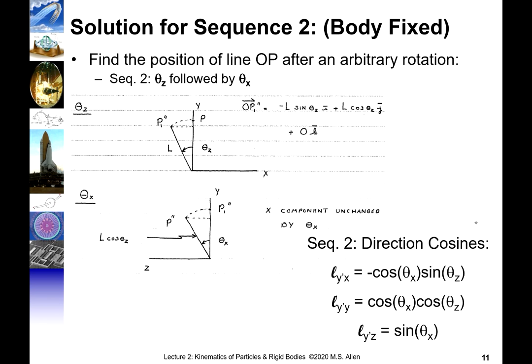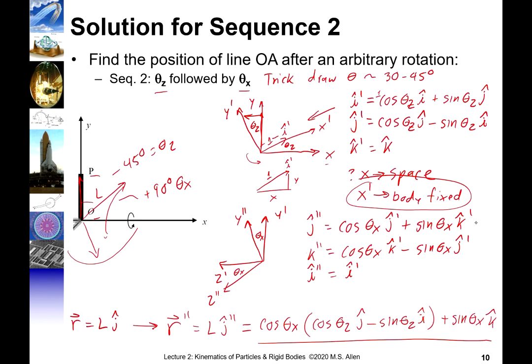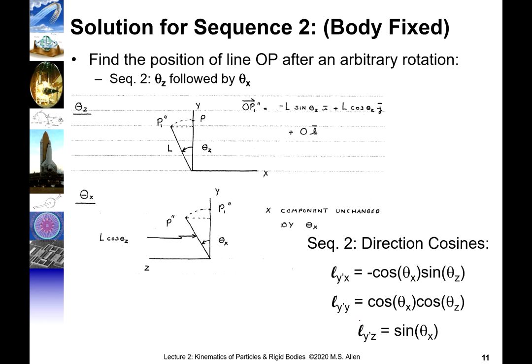But these direction cosines are basically the components, right? So when I get done, the new j-axis and the old one are related by this cosine theta x, cosine theta z. And so that becomes what we call the direction cosine. We won't use that terminology a lot, but that's something you might hear in other classes after this one.